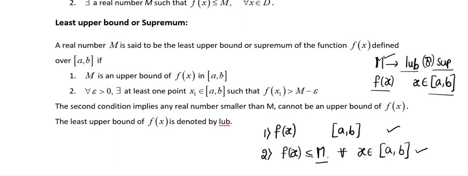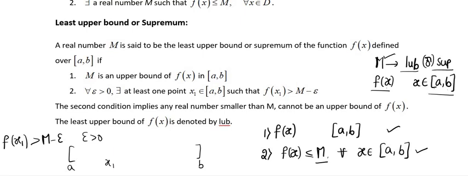Second point, for all epsilon greater than 0, that means epsilon greater than 0 is a positive quantity, there exists a point x1 belongs to closed interval a comma b such that f of x1 is greater than M minus epsilon.